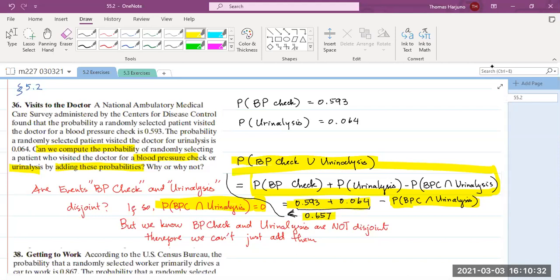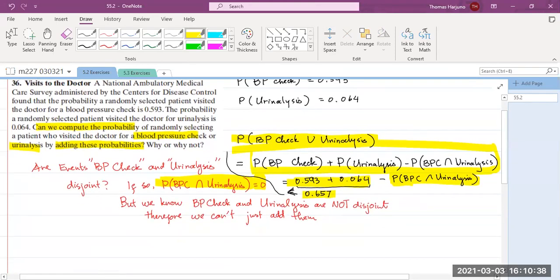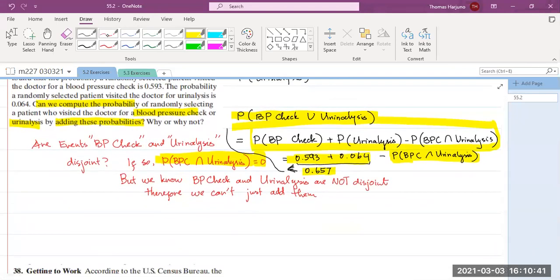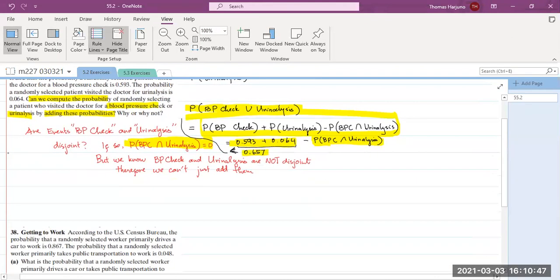So if we look back, I'm basically saying this. Under what situation, note, maybe I go back and make it normal view, can we use this formula: probability of A union B equals probability of A plus probability of B only?